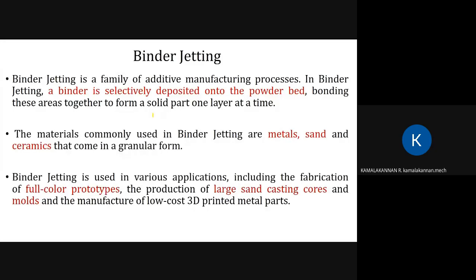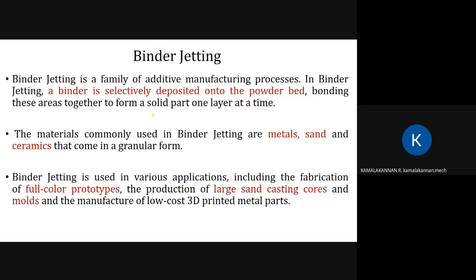As you're studying 3D printing, you are using the word layer. It is not only about joining two layers, but joining two particles to a solid. It might be a powder, it might be a solid, or it might be a layer. Binder is nothing but a glue used to bind two particles.